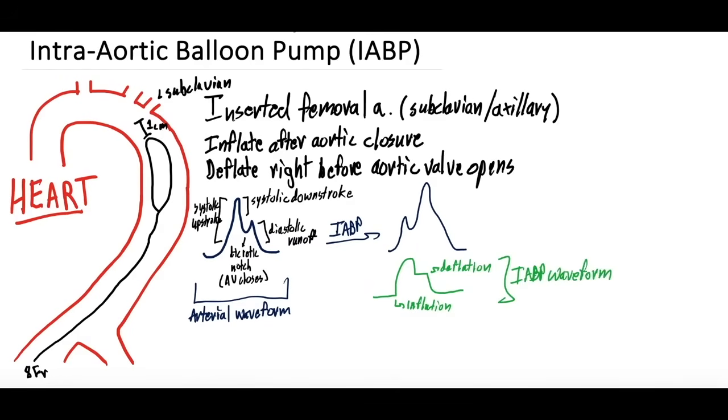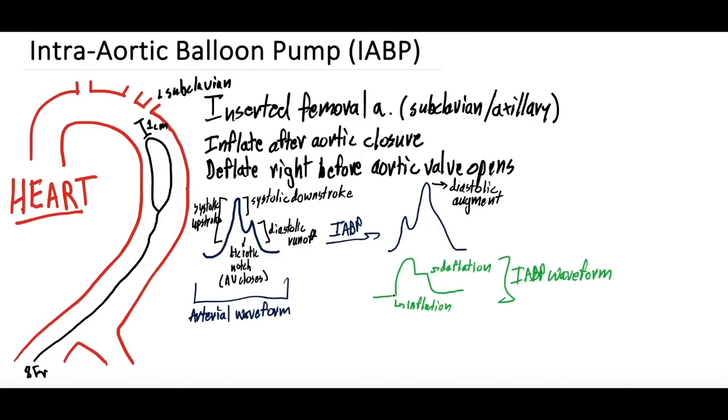If we look at the arterial tracing, we now see the systolic upstroke and dicrotic notch, but instead of having the systolic downstroke and diastolic runoff, you get a diastolic pressure that goes higher. This is the diastolic augmentation of the balloon pump, because the balloon pump inflated.